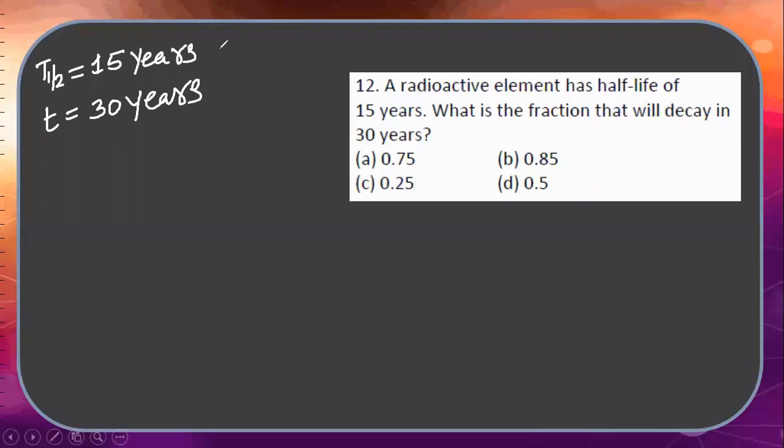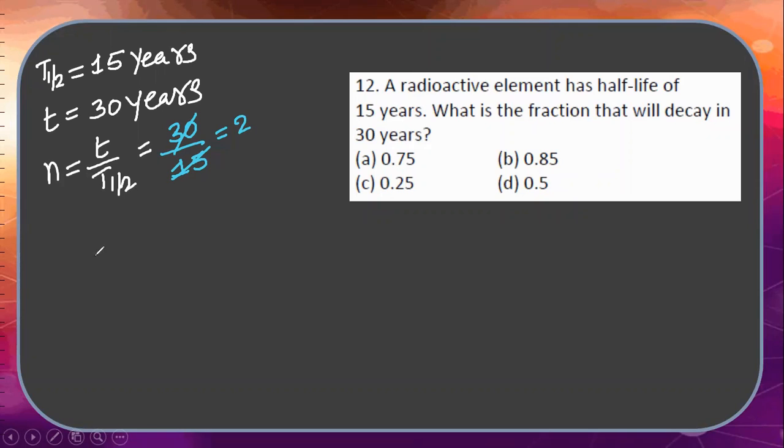The number of half-lives n is equal to T divided by T half, that is 30 divided by 15, which cancels 2 times. So the number of half-life periods is 2.